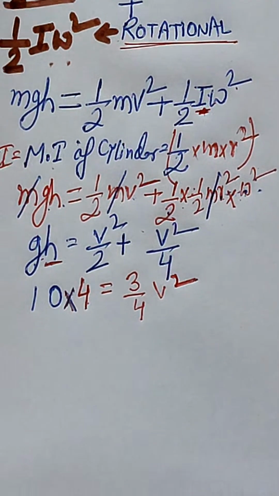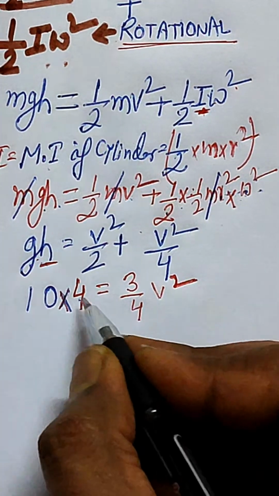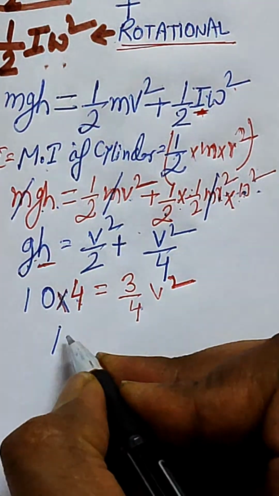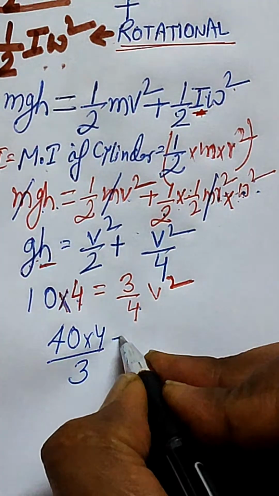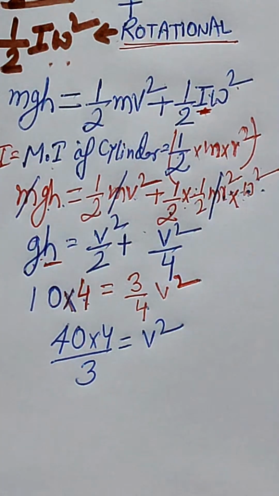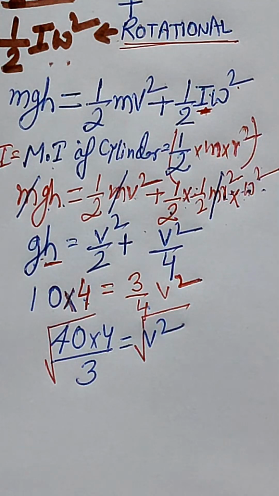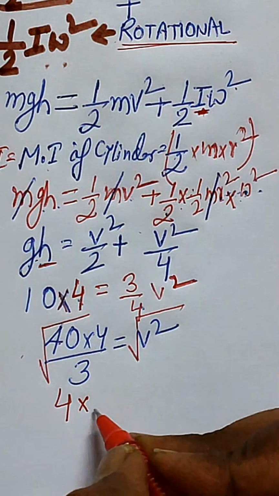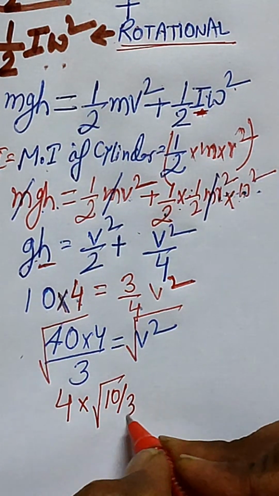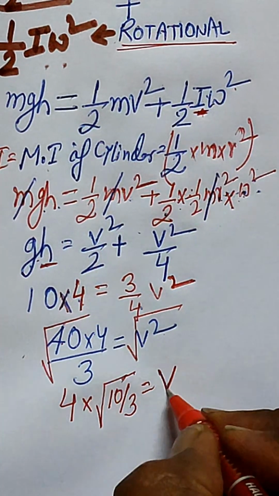Now, in the second step, you can see 10 into 4, that is 40 into 4 by 3 will be the value of v square. And when you take the square root on both the sides, you can see 4 will be coming out and root over 10 by 3 will be under root, and on the RHS v will be coming out.